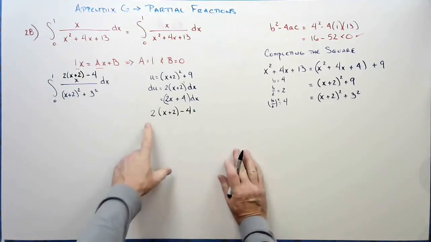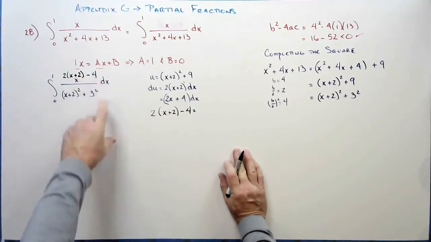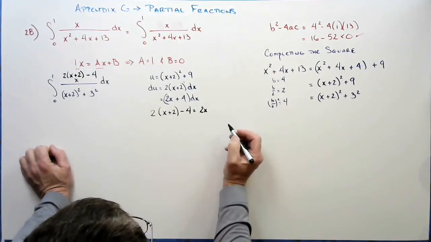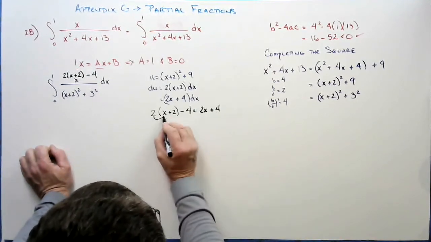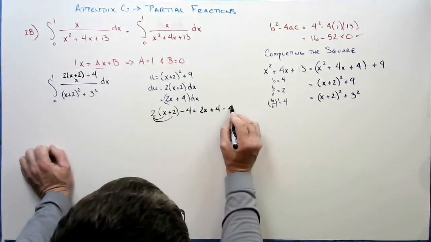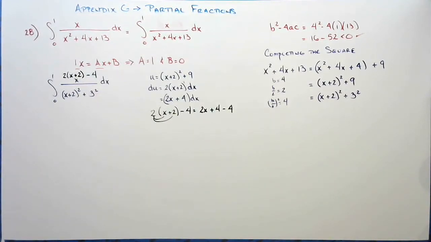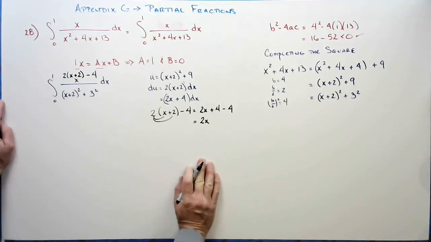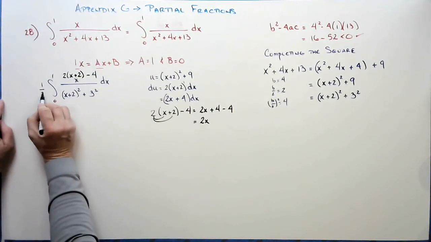So we have a 2 times x plus 2 minus 4. Now what have we really done? We've got a 2x, we have a plus 4, and we have a minus 4. So we haven't really done anything. All we've done is multiplied the x by 2. Because when we simplify this, this equals 2x. If we've multiplied the x by 2, we need to put a 1/2 out in front.